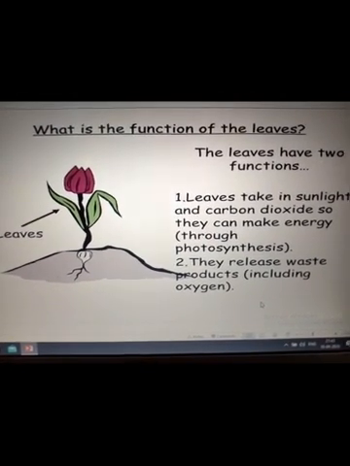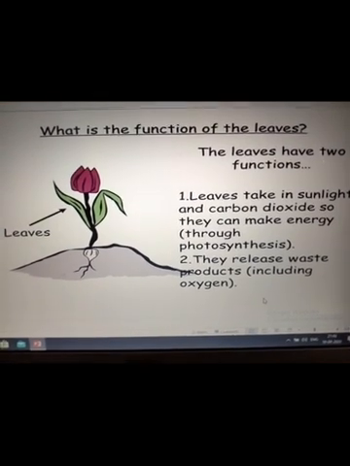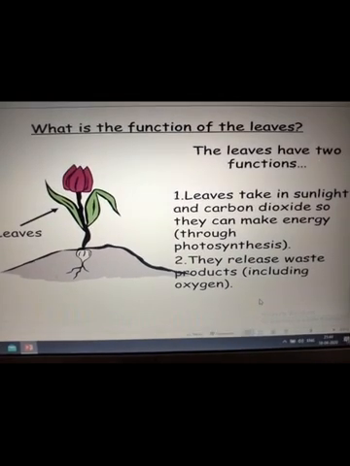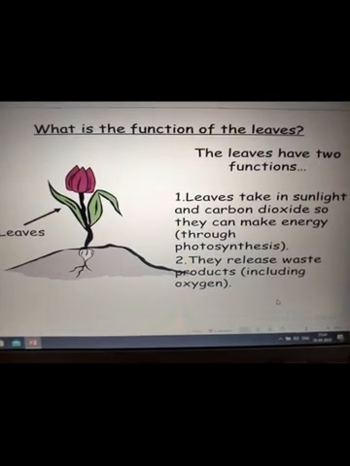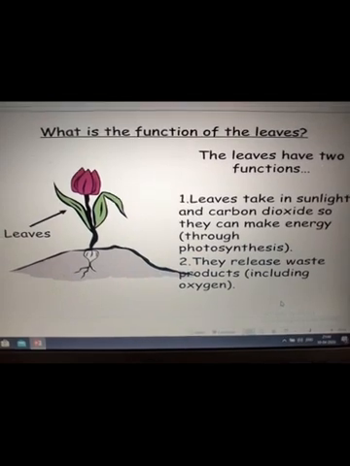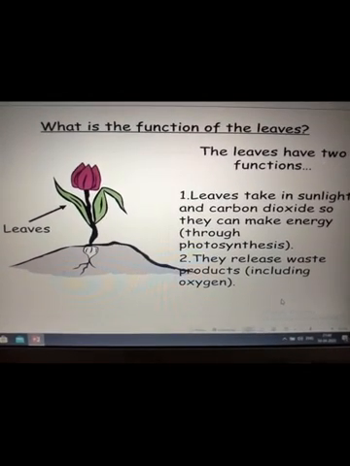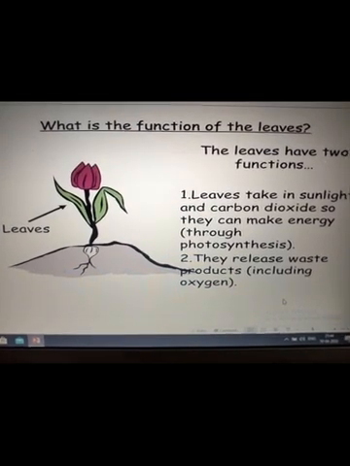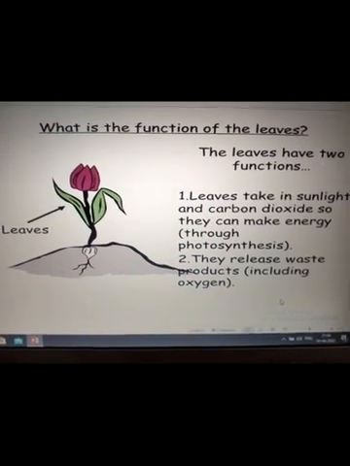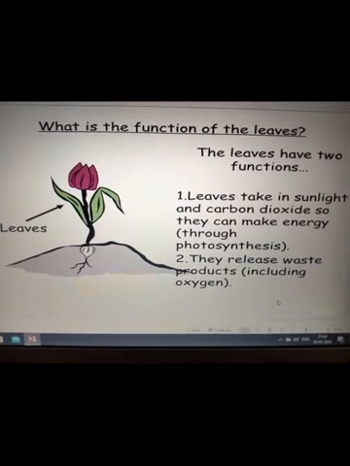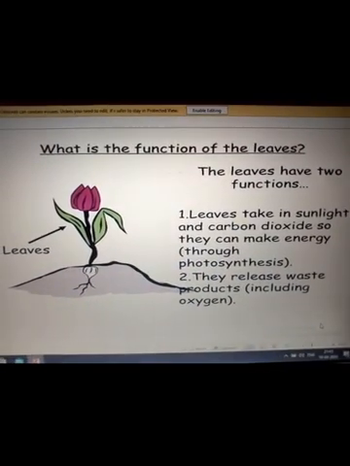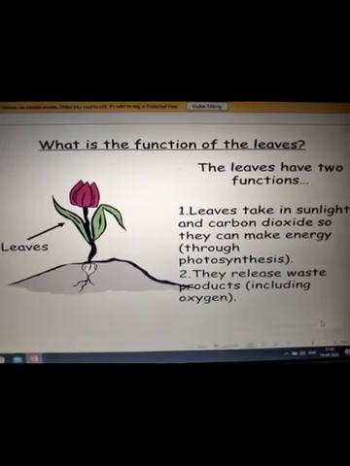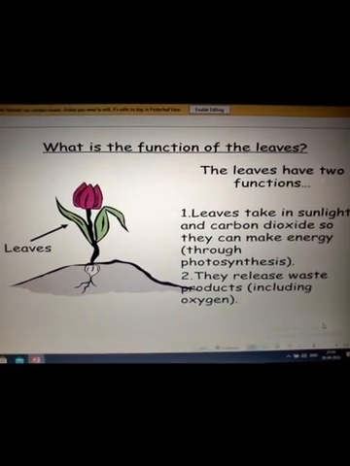As we know, plants take in carbon dioxide and release oxygen. So the important question here is, what is the function of leaves? They produce food for the plants and hence are called kitchen of the plant. If I ask why they are called kitchen of the plant, the answer is they produce food for the plants.